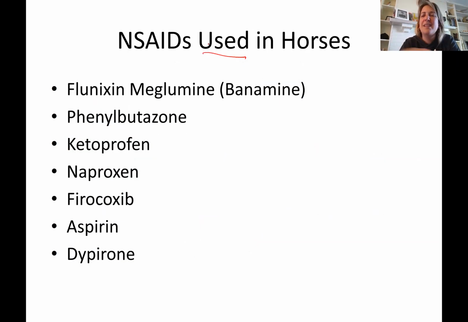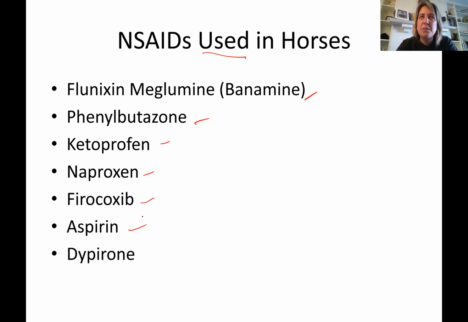There are more NSAIDs used in horses, but these are the ones regularly used. Banamine and bute are the most widely used. We can also use ketoprofen and naproxen. Firocoxib is called Equioxx, and it is a COX-2 inhibitor, so it causes fewer stomach problems and fewer side effects, such as kidney problems.